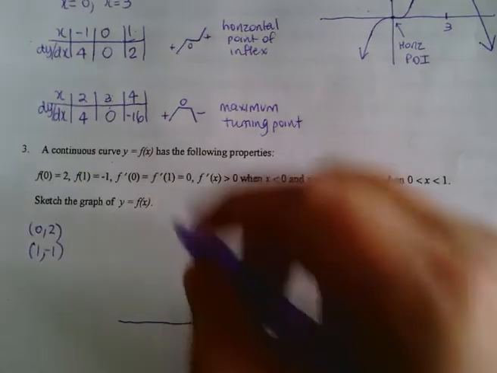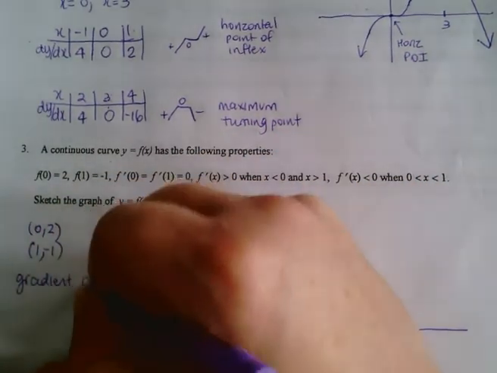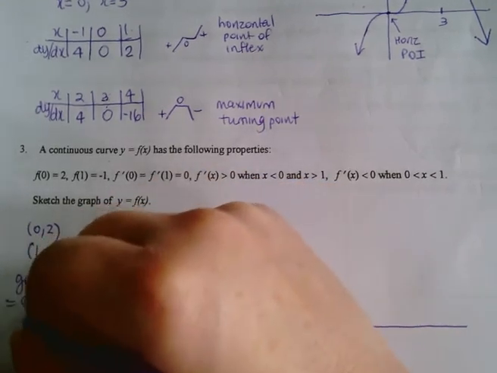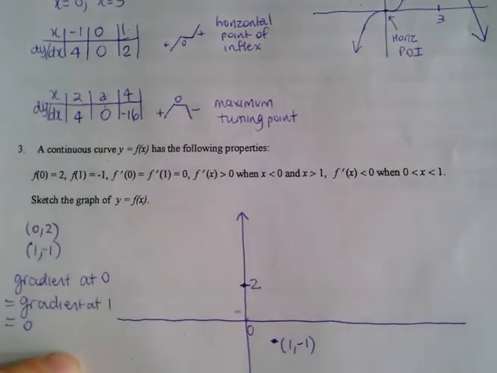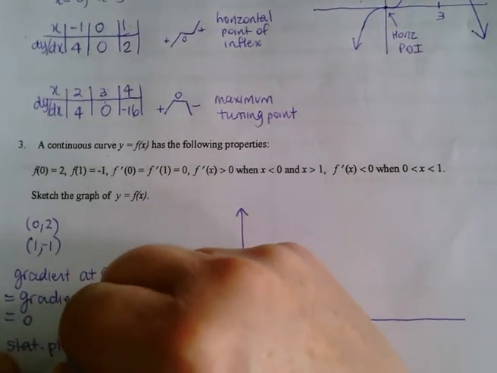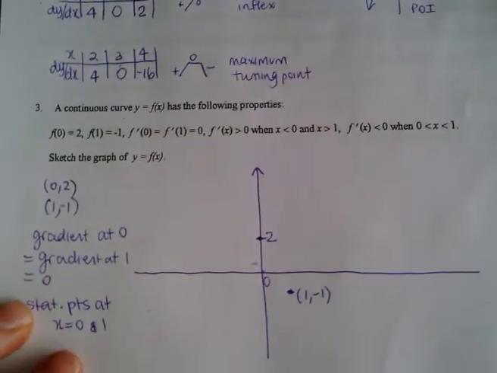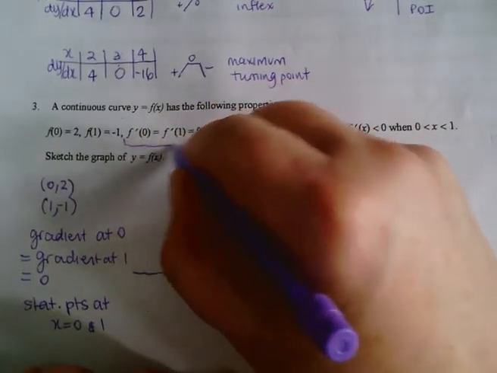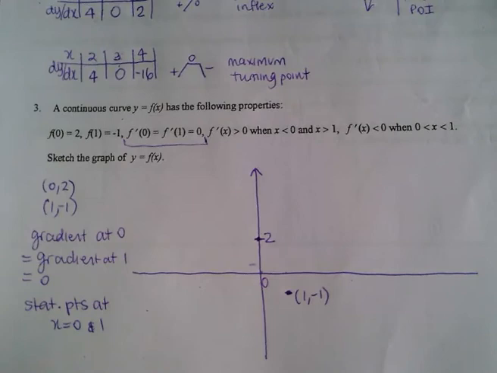This means the first derivative, the gradient at 0, equals the gradient at 1, which equals 0. In other words, we've got stationary points. That's what it's telling us. Stationary points at x is 0 and 1. Do you get that? First derivative is 0 when x is 0 and when x is 1.